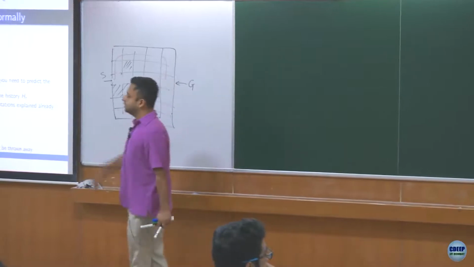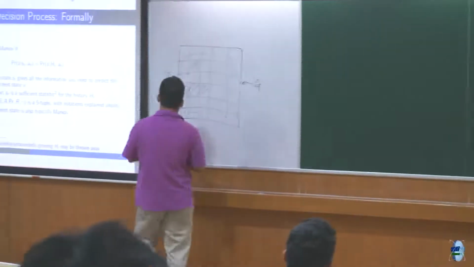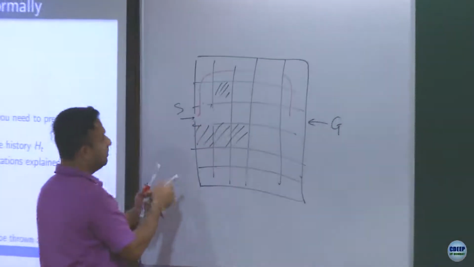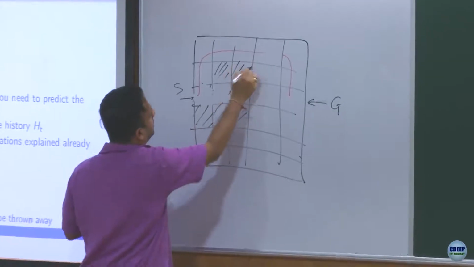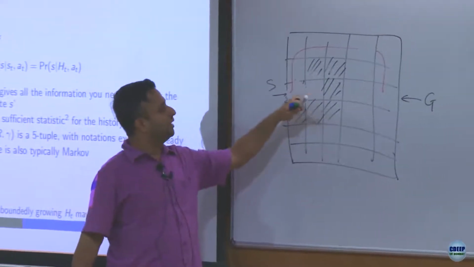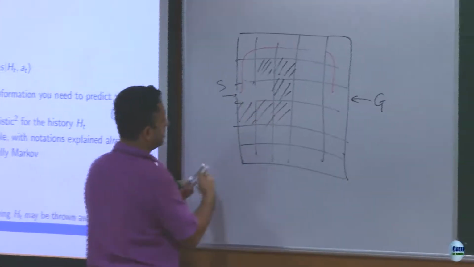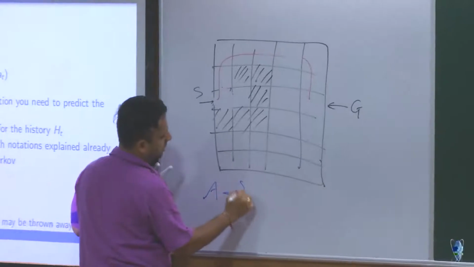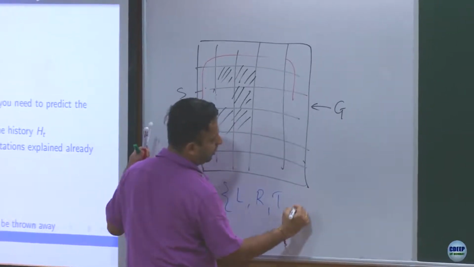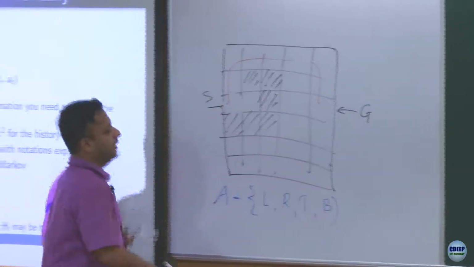So let's look at this kind of assumption. What we are saying here is the probability of transitioning. See, if I were here for example, I would have got completely blocked. So the probability of transitioning to this state given my action could be that I move to the left, right, top or bottom, whatever.